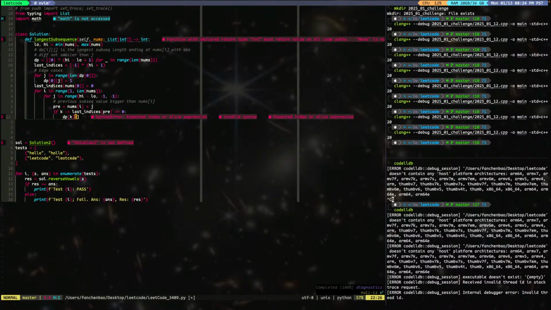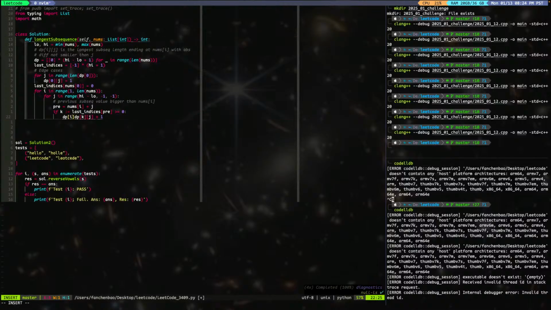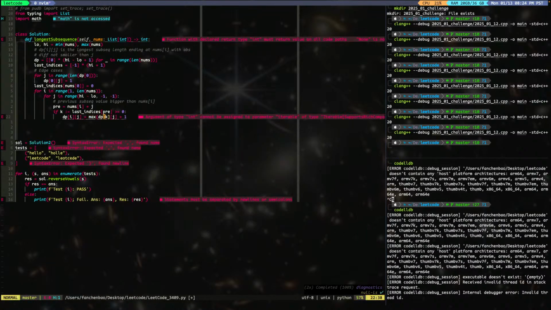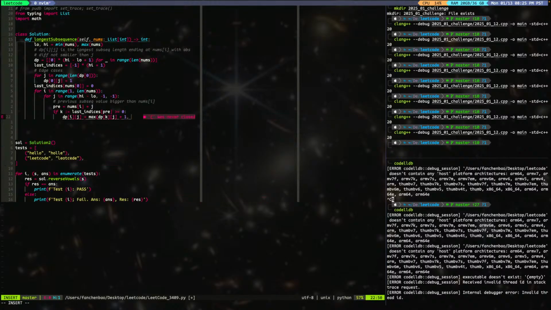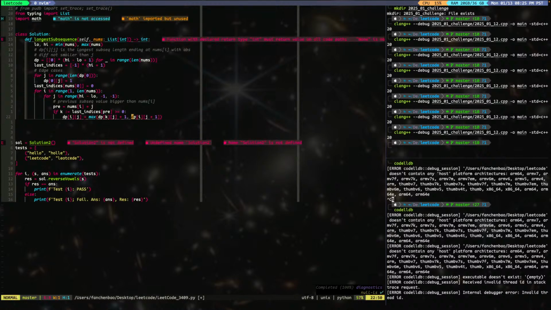So dp k j plus 1, right? So basically dp i j shall equal to maximum. This is to look at the previous j towards the end, what's the maximum, plus 1, and dp i j plus 1. Of course, it's if we have j plus 1.